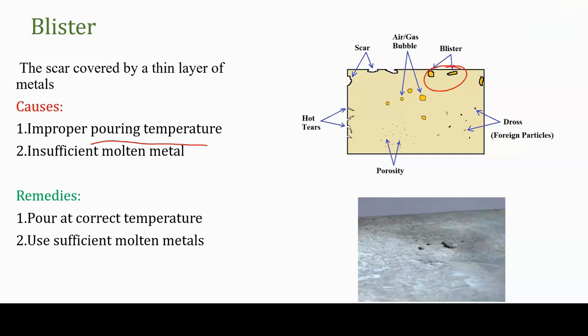Also insufficient molten material. If the volume is 1 cubic centimeter, then you should pour 1 cubic centimeter of molten material inside the cavity. If there is insufficient molten material, this kind of blister will happen. So this can be avoided by pouring at the correct temperature and also using sufficient molten material inside the mold.